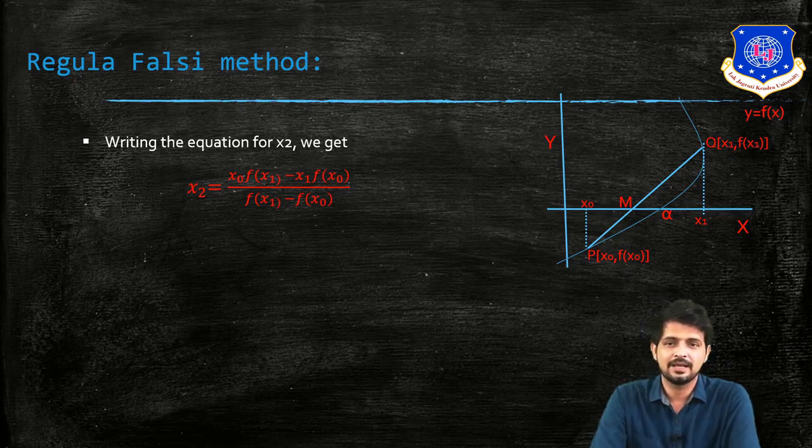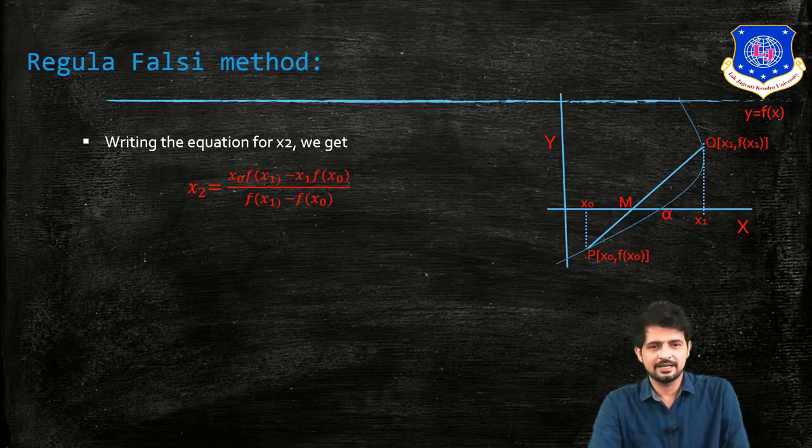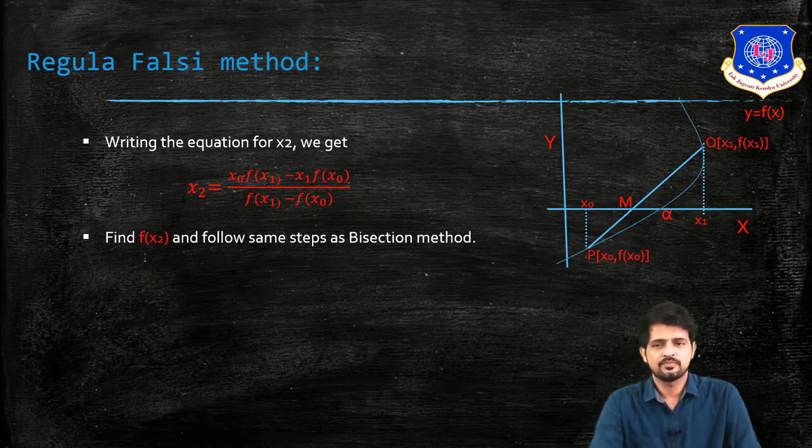You just have to replace a by x0 and b by x1. So this is our formula. Here we can find the equation for x2, that is x2 is equal to x0 into f of x1 minus x1 into f of x0, divided by f of x1 minus f of x0. So by drawing one chord we can get the equation for x2.